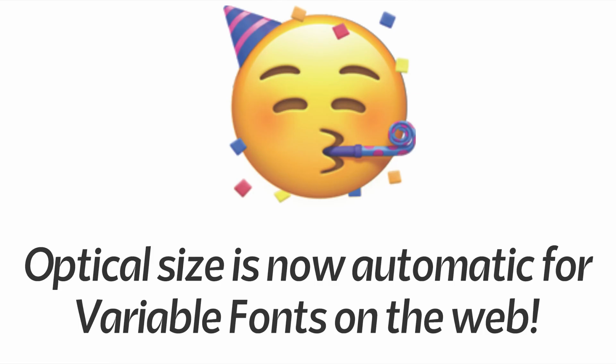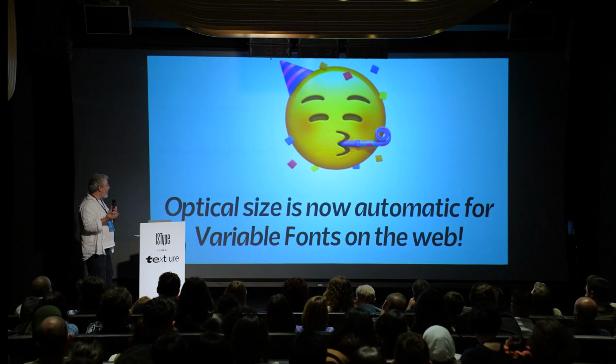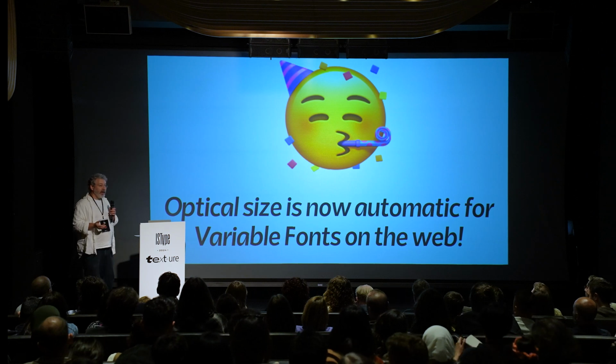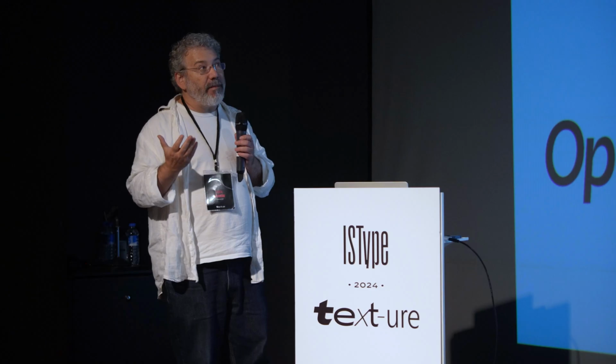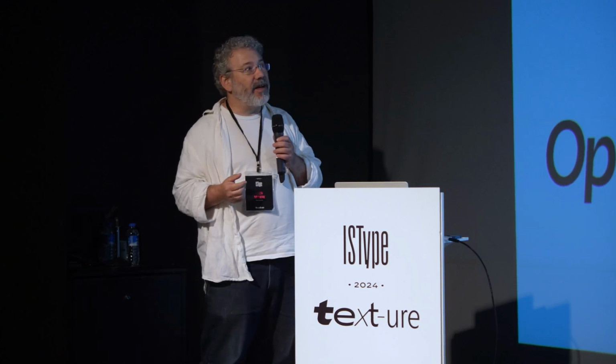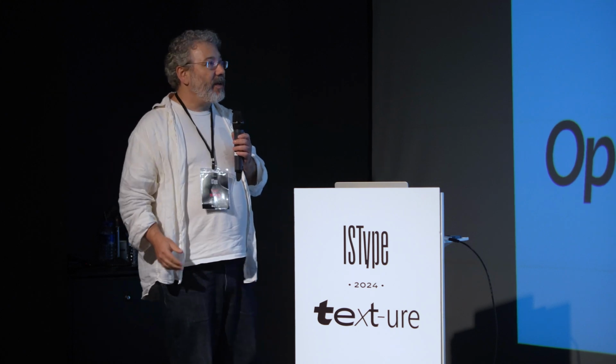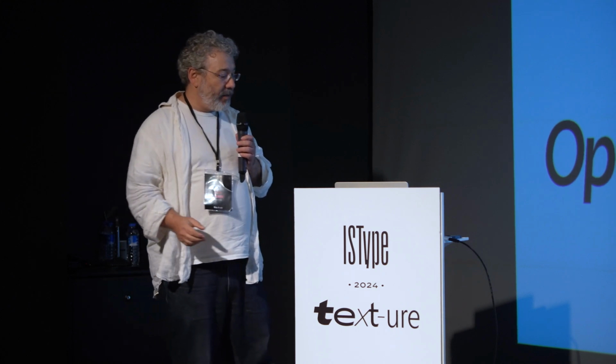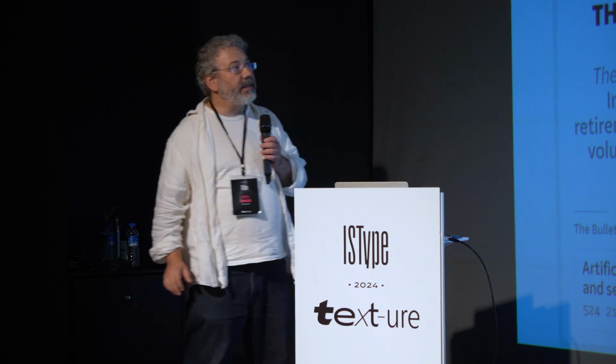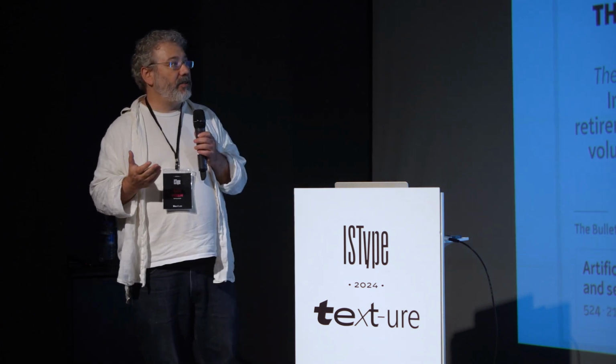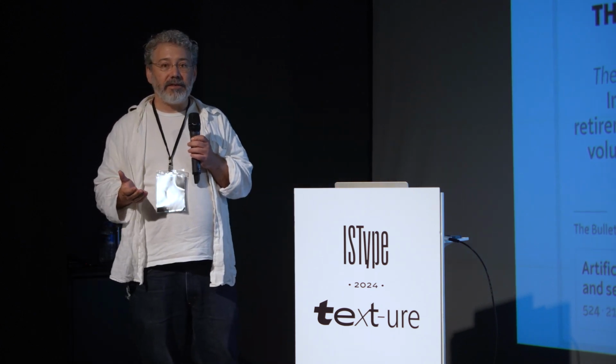So this is the big thing that I wanted to explain. It's very kitsch, but optical size is now automatic for variable fonts on the web. And maybe it's even been like this for 5 years. I'm not sure the exact timeline, but I discovered this recently because I'm making this new font. And I'm testing it in the web page using TypeX from Stephen Nixon.